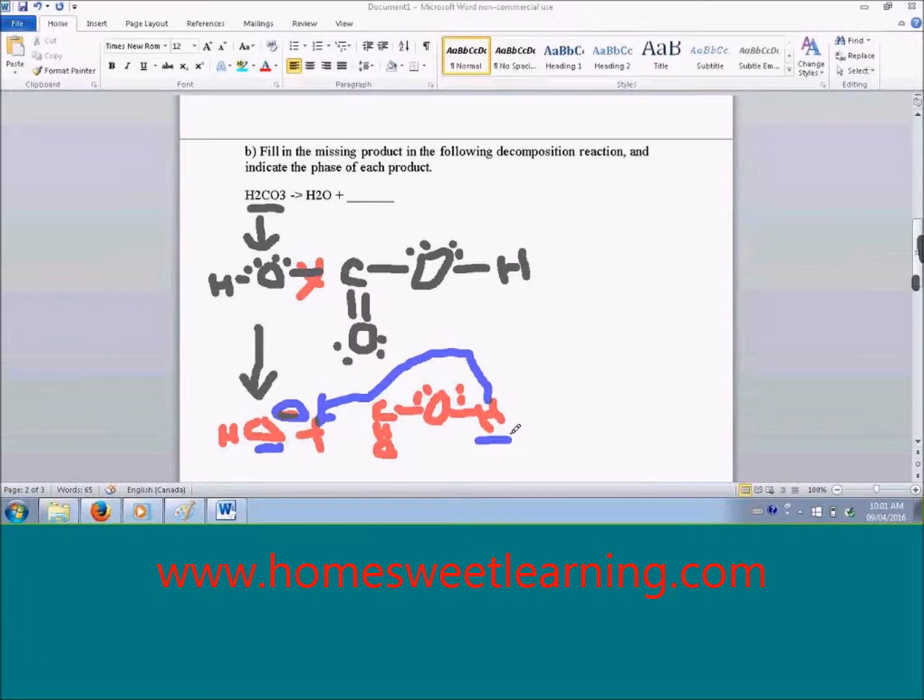This way hydrogen will fulfill the octet rule, and that's how we form water.